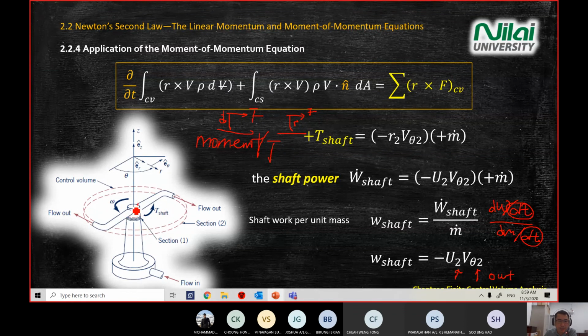So in this case, you only have torque when you have a distance from a reference. That's why we only look at section 2 rather than at the origin. At the origin, we don't have any torque because our R equals 0. When you cross something with 0, you get 0. This is just fundamental physics. So again, I already explained why we only look at section 2 and not section 1.